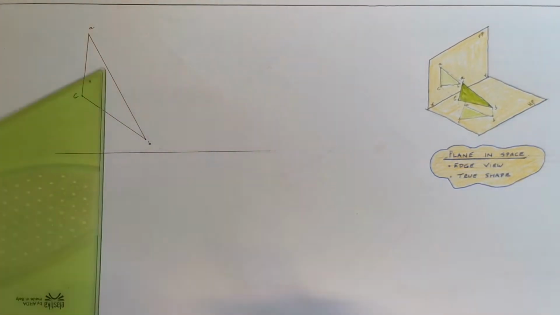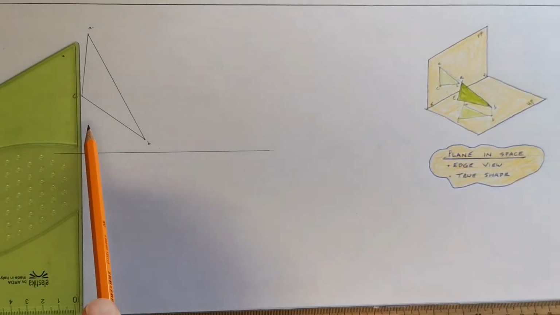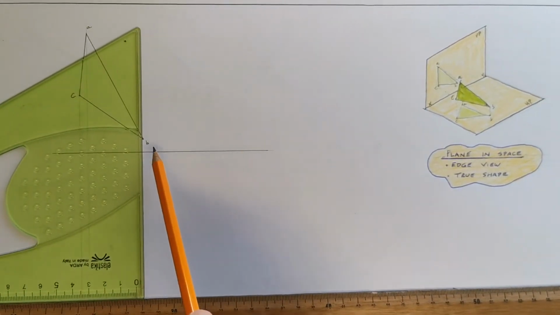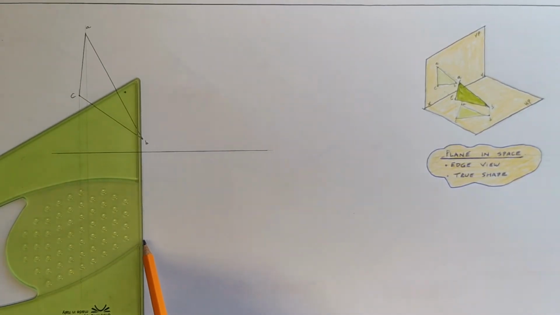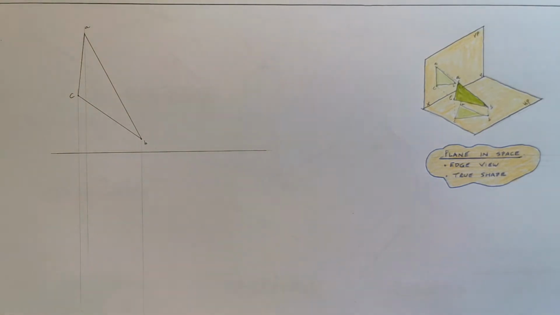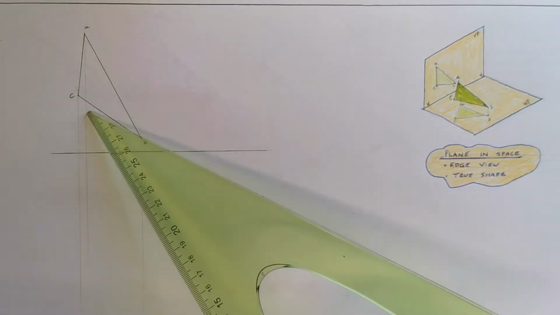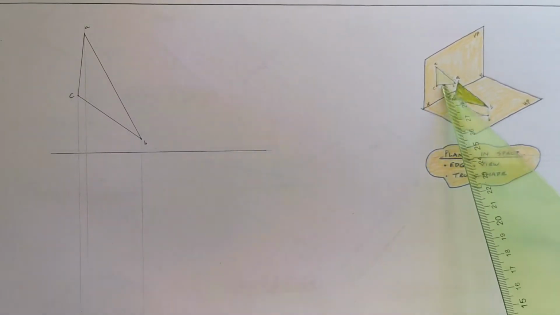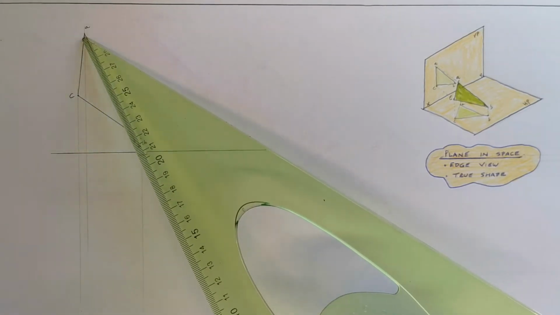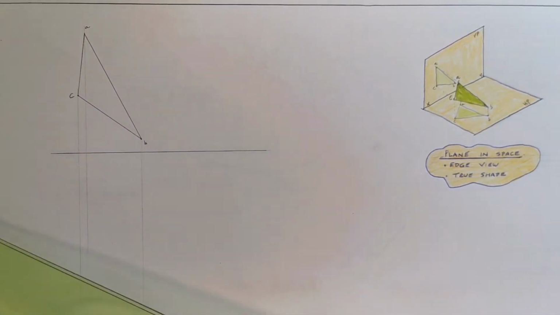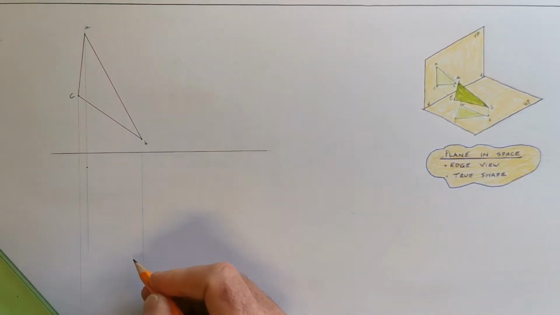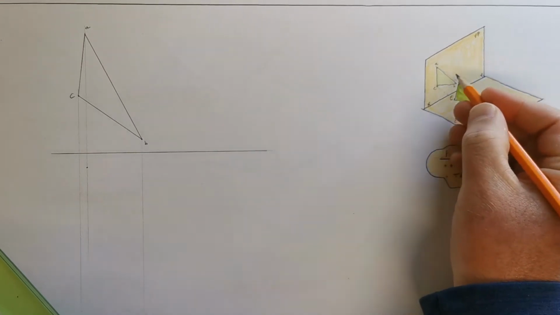Now, in another video I will go through the setting up of these using the coordinates, but for understanding these questions you don't need to work with the coordinates. If you draw a triangle in elevation representing this view here, all that matters is that you keep the corners of the triangle directly beneath here. So I'm going to pick point A in here, because point B is a long way from the vertical plane.